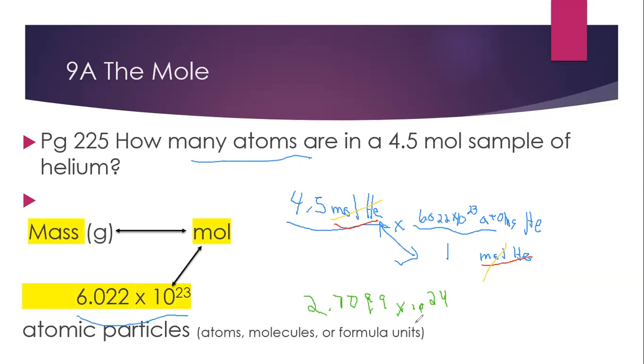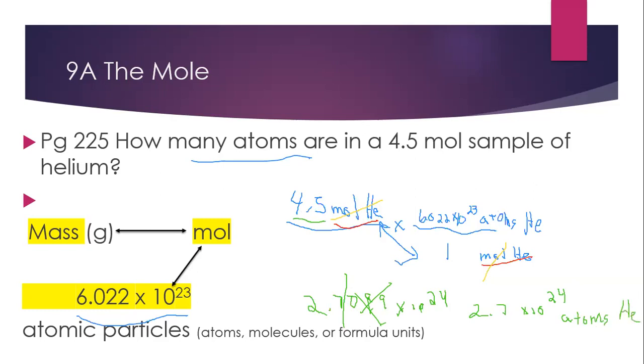The only thing is this is not rounded. If we only start with 2 digits, we can only end with 2 digits. So all of this has to go bye-bye. And so we will do 2.7 times 10 to the 24th. And it should be atoms of helium.